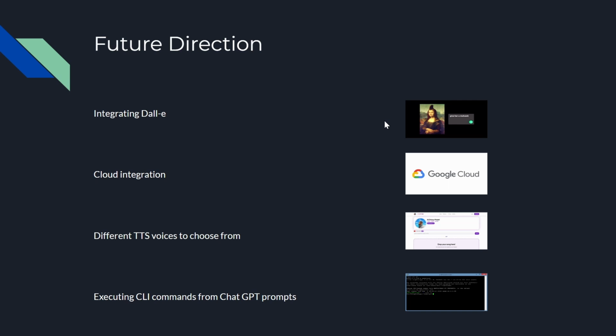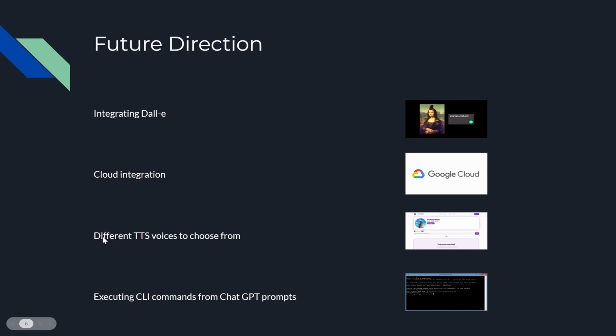Another integration that we had is cloud integration using Google Cloud. We could run a VM instance that houses a machine that runs the file, instead of running it locally on a Pi. And then also, as you'll see in our demo, the voice that is used is a little bit robotic, admittedly.